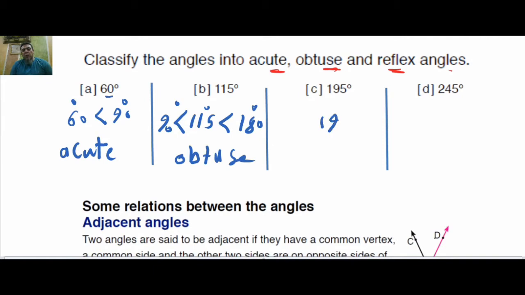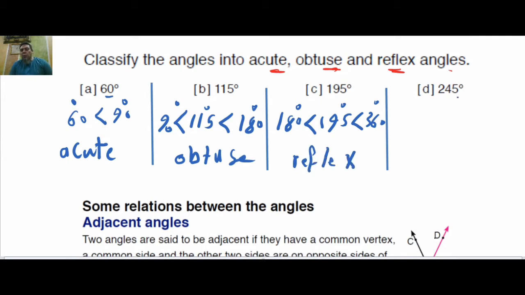195 degrees is greater than 180 and less than 360, which means the type of this angle is reflex angle.